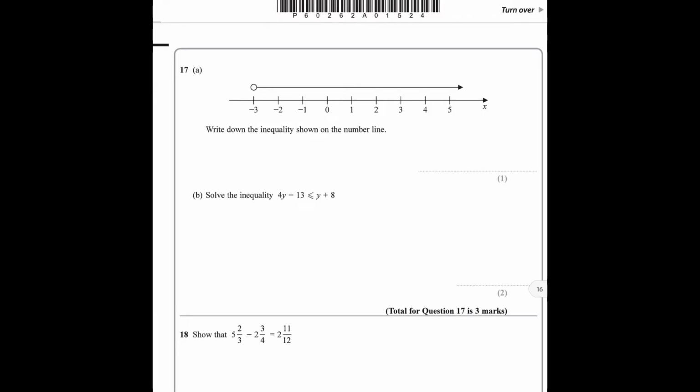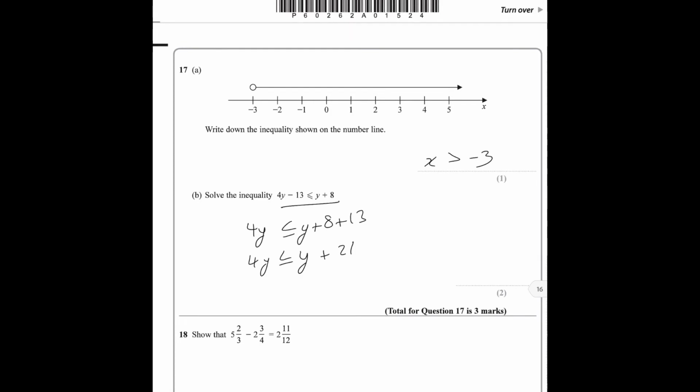Alright, let's move on to the next question. Write down the inequality. Since we know that the circle is not filled, we know that x should be not greater than or equal to, it should be greater than minus 3. This is an inequality, so you have 4y is less than. This appears on higher tier papers as well, so it's pretty good that it's appearing on foundation papers.